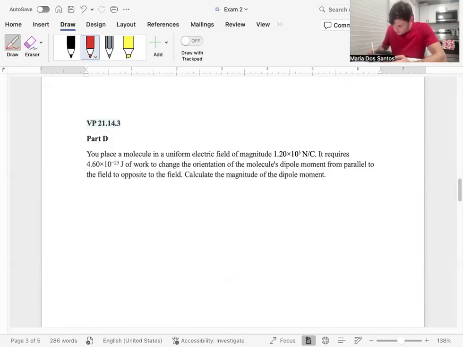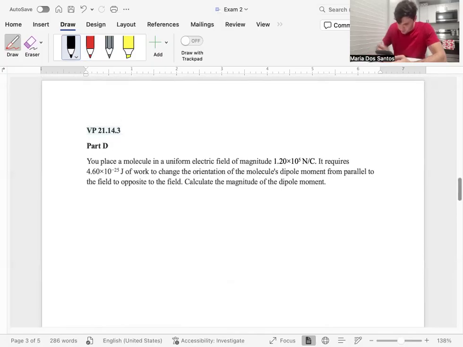Okay, on this one, we are given electric field, and work is also given to us.